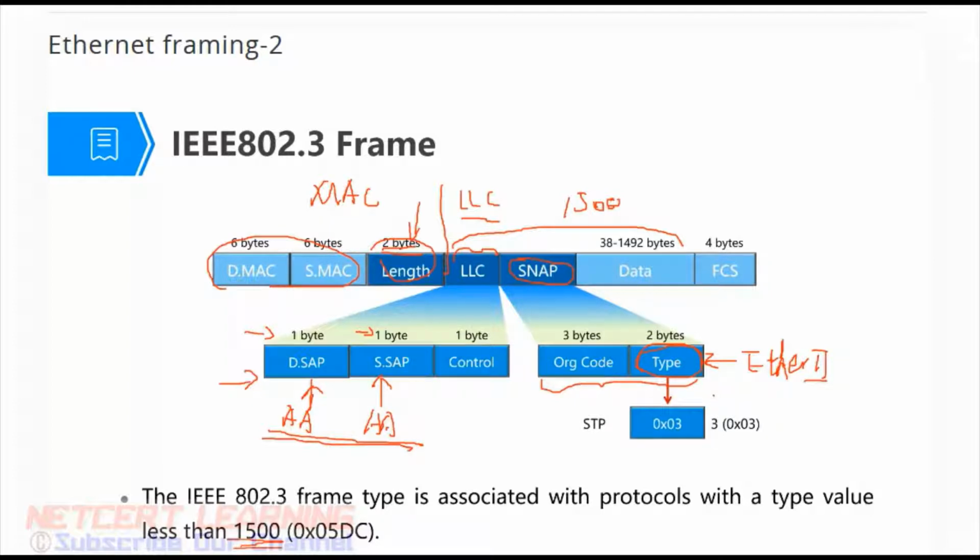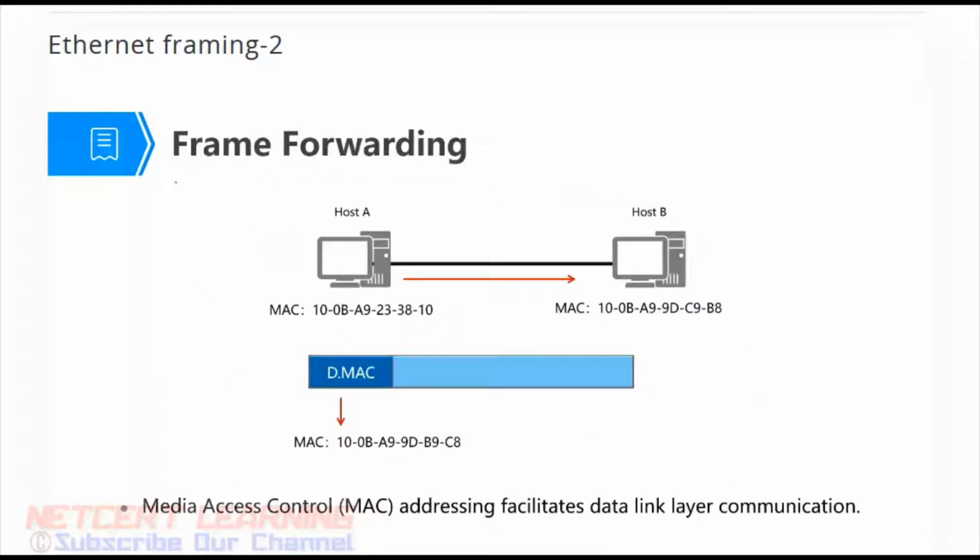This is another frame, and nowadays this IEEE frame is seldom used. Only the protocols developed by IEEE use this frame. Usually, if we sniff in the network and capture packets in the Ethernet network, most of the frames are Ethernet 2 frames.